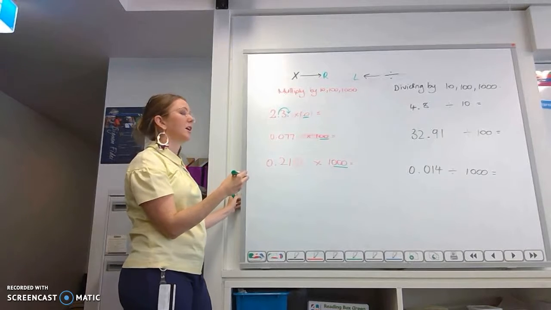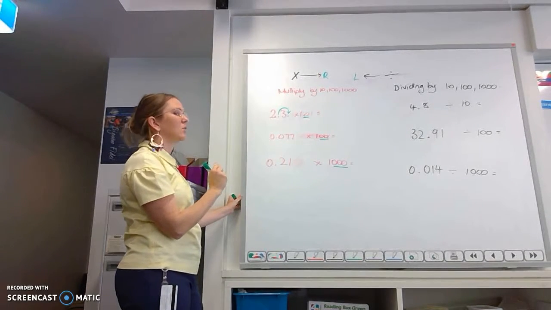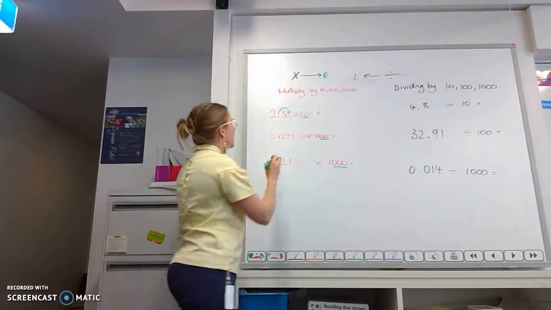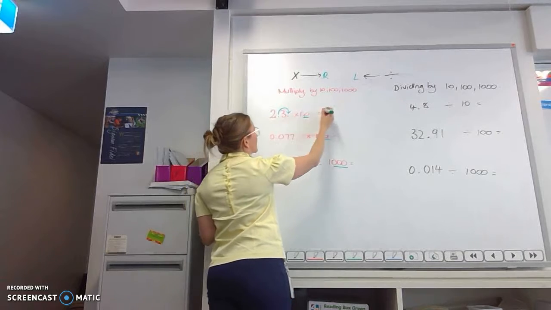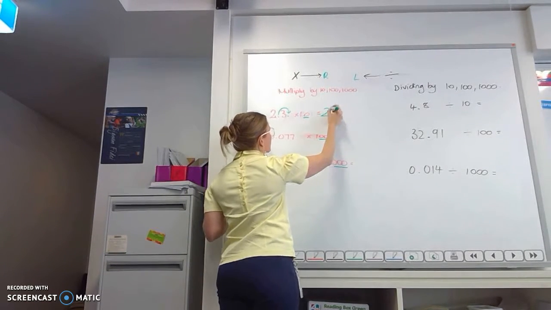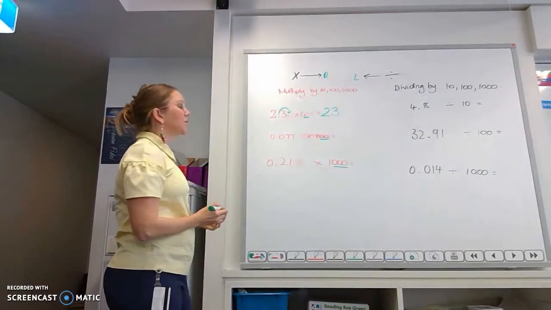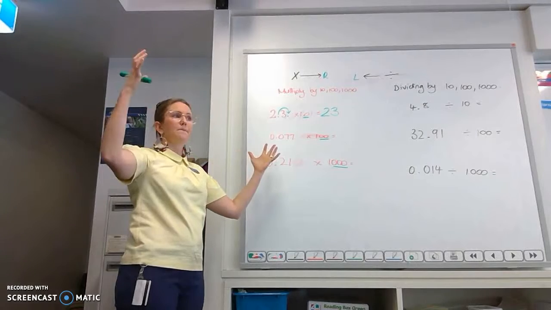It's very difficult to get it wrong if you do this correctly, and I'll show you an example further down as to why this way is helpful. Okay, so I've moved my decimal place, so it's not here anymore. It's here, so my answer is 23.